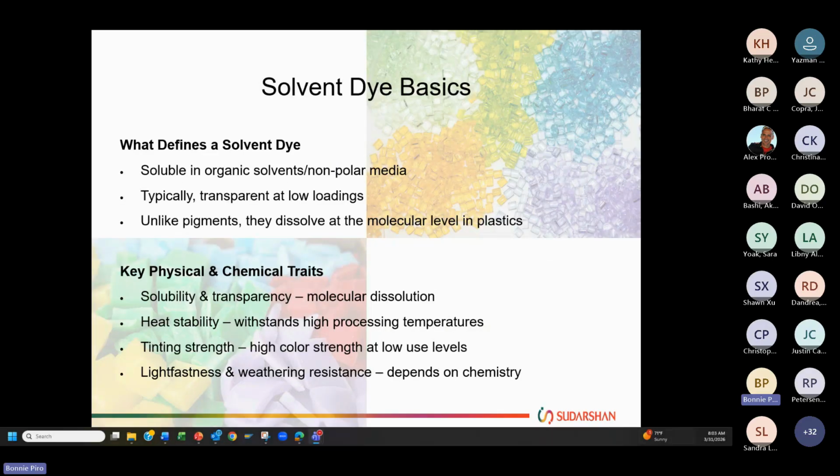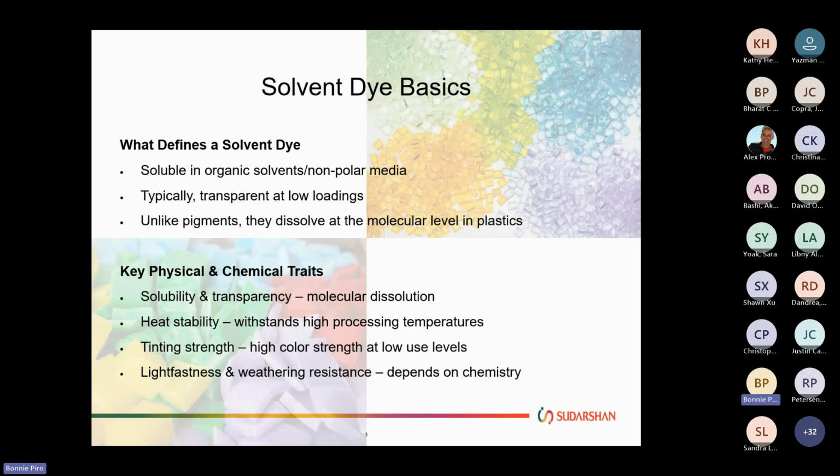So solvent dyes, as the name implies, are going to be soluble in some sort of organic solvent or non-polar type of media. They will offer that nice transparent color to your end applications, especially at low loadings.